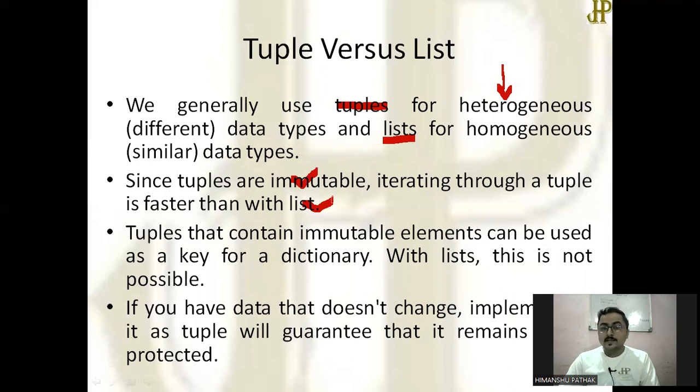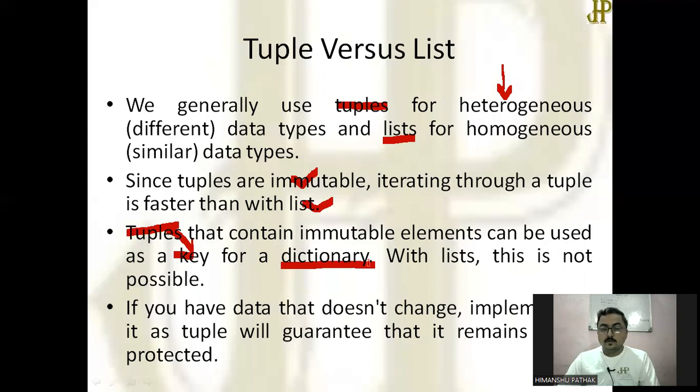So accessing is faster. Due to this, generally tuples are used as a key for a dictionary. As we know that a dictionary has key value pairs, if you want to store a key, then tuples are used.